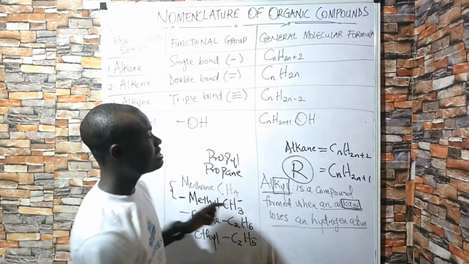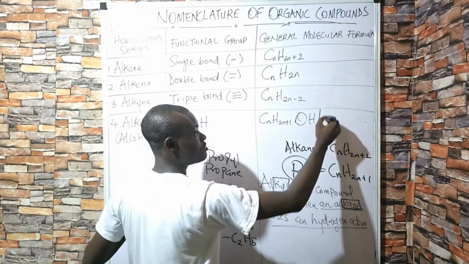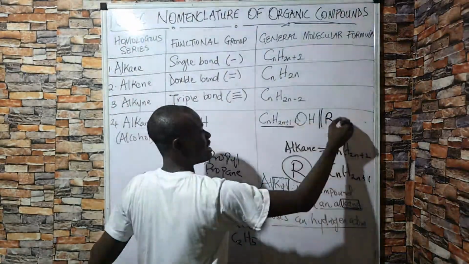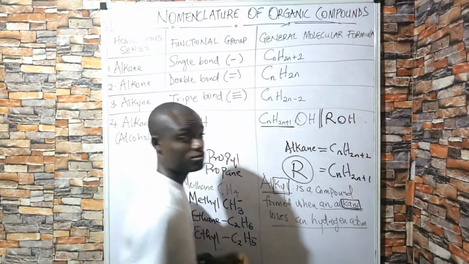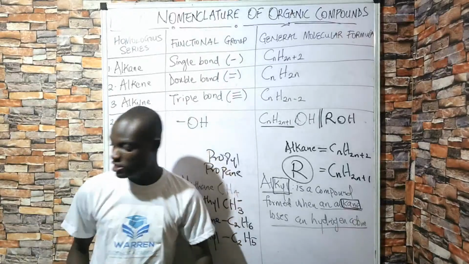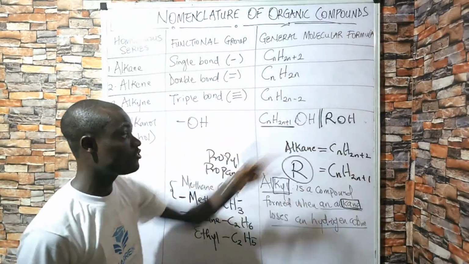So that's why you see this, CnH2n plus 1. These are alkyls. In some books, you get to see it written as R, because everything here stands for an alkyl. R OH. So just the same thing. Whenever you see R, know they are talking about an alkyl. So CnH2n plus 1 OH, in a simple form, is ROH.